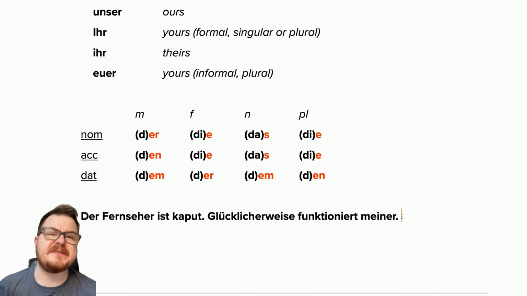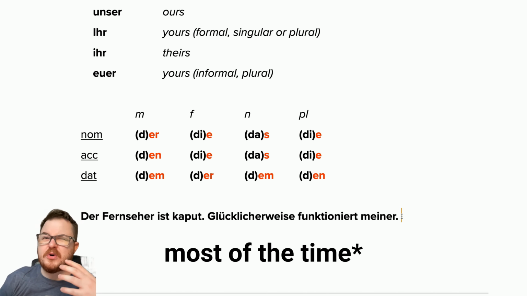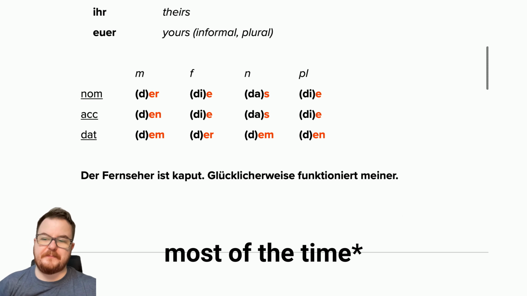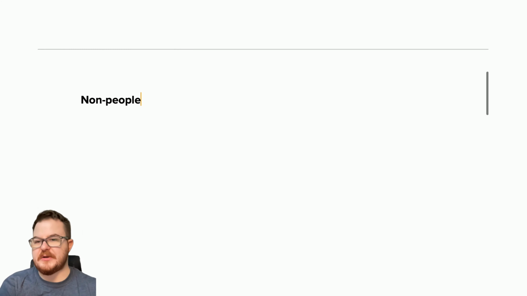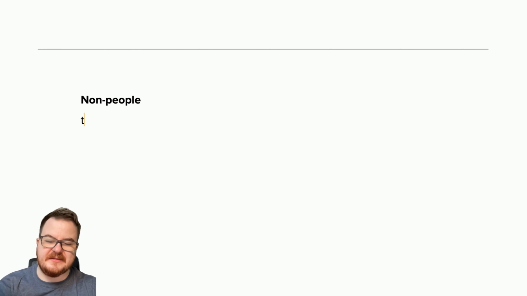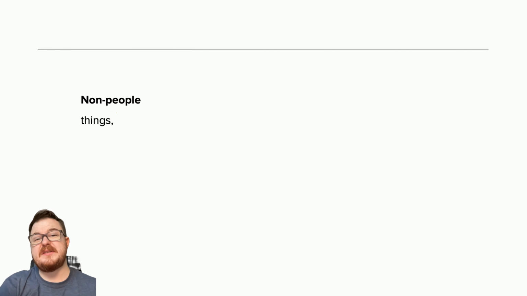One thing that I should say about possessive pronouns is they can only work for non-people. What do I mean by non-people? What I mean by that are basically things, either concrete things or abstract things.